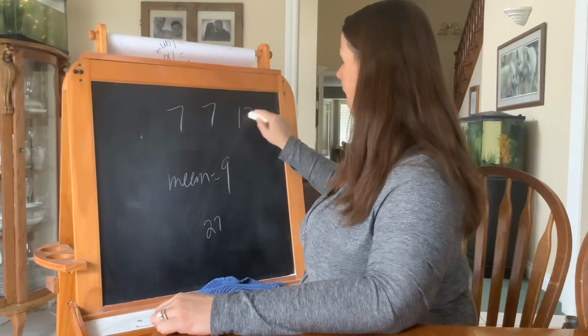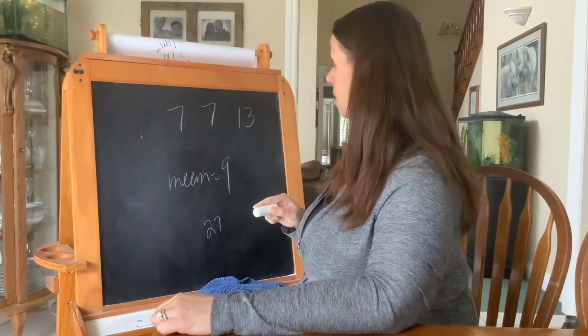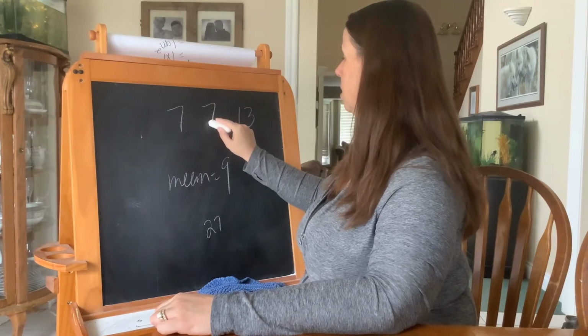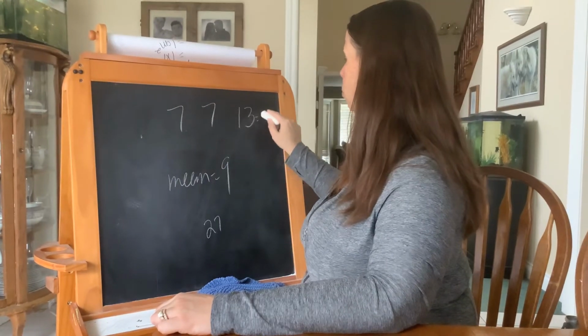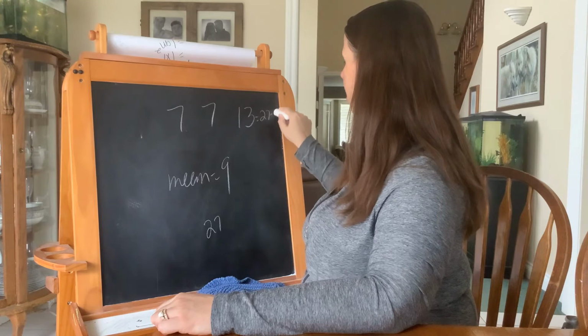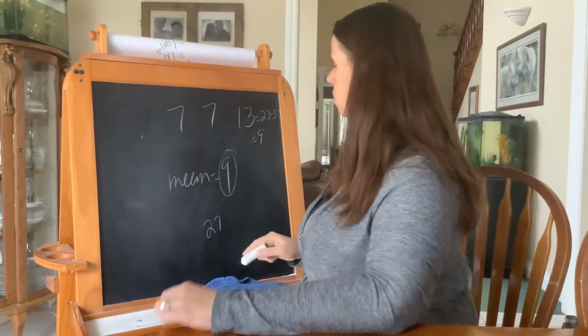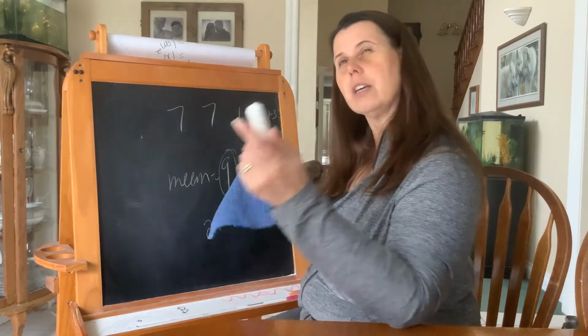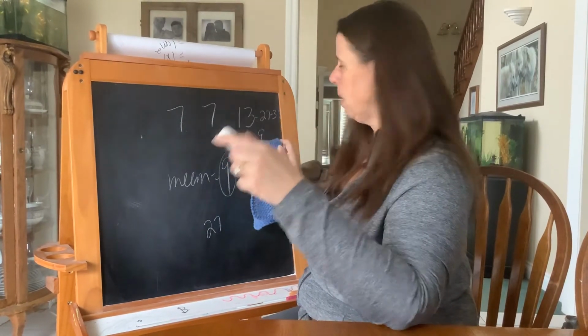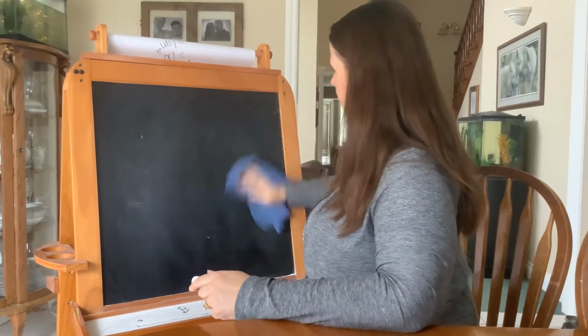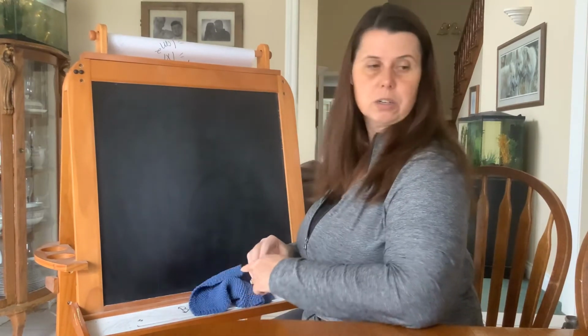So let's add 13. 7 and 7 is 14, and 13 is 27 divided by 3. 27 divided by 3 is 9. Okay? So you got to think sort of backwards and a step ahead. They keep the numbers simple, so it's not hard.